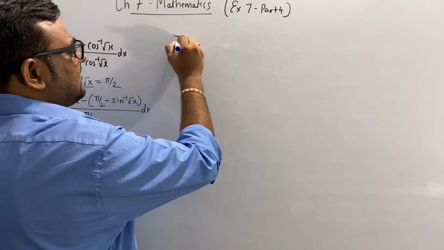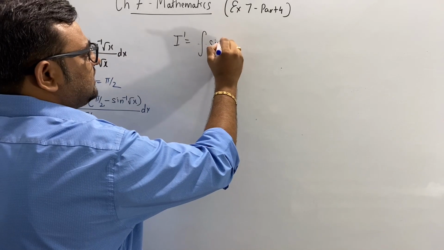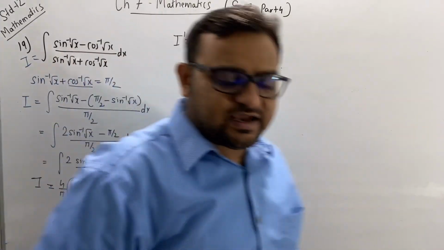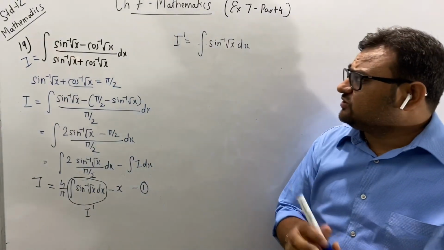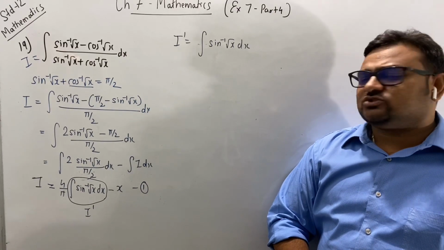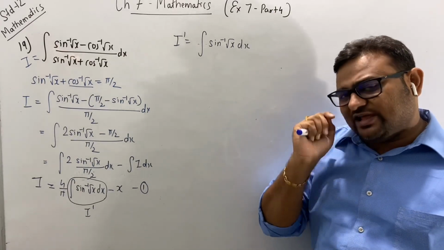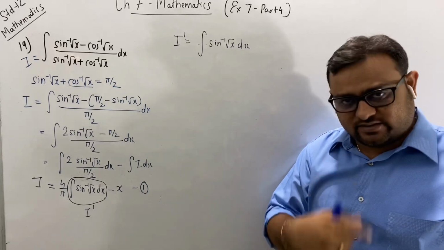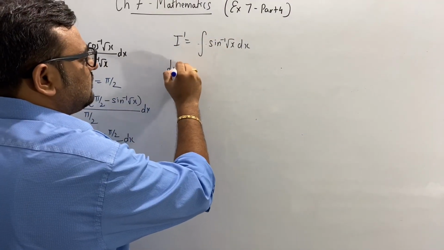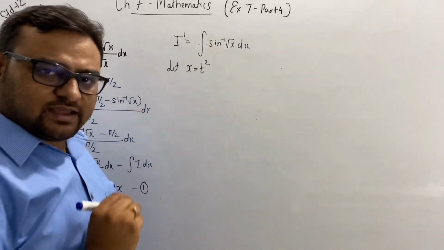So let's see, I dash is equal to the integration of sin inverse root x dx. Now see here, it's root x. Okay, so I want to remove this square root. So what I will do, I will assume x as t square. Okay, so let's assume x equal to t square.